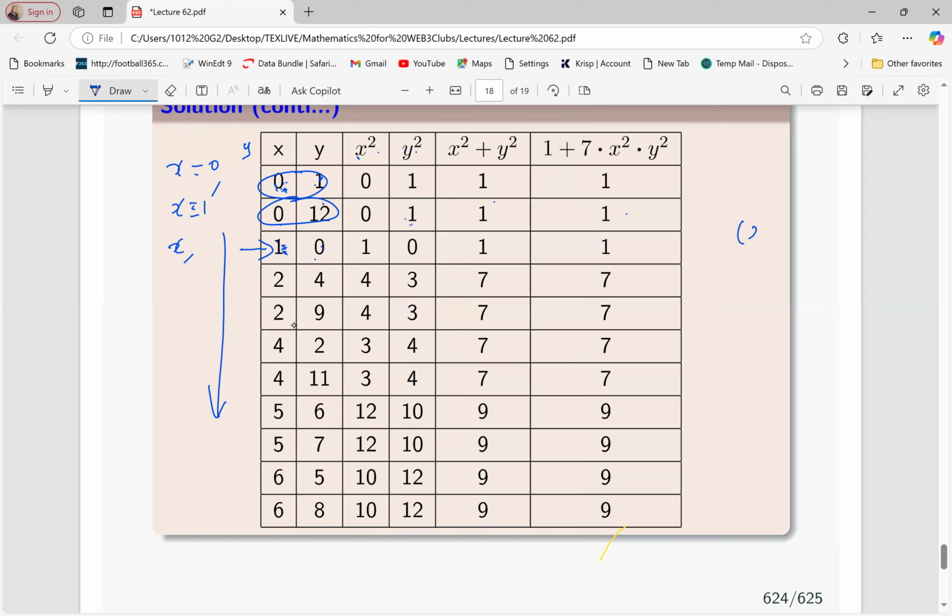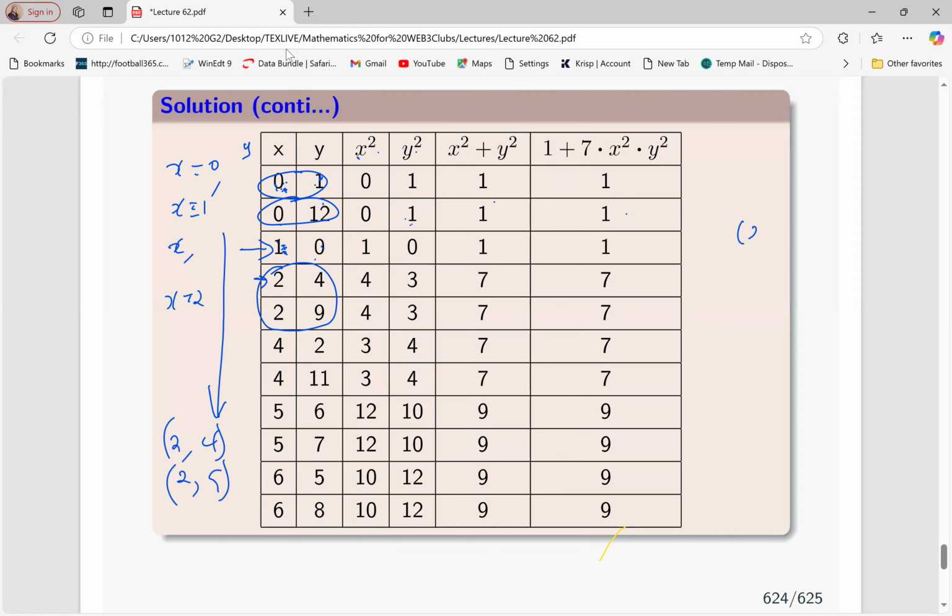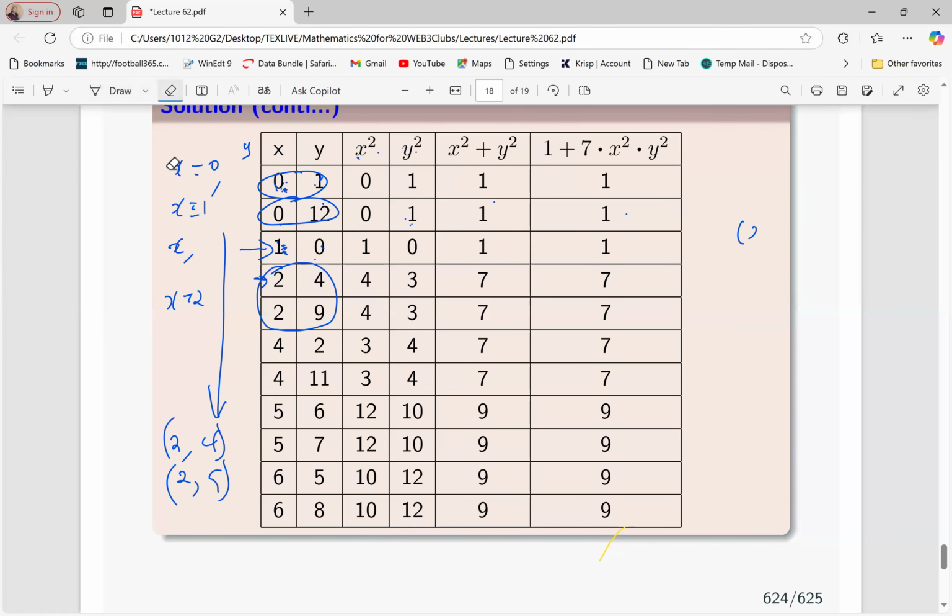Then it goes to x equals 2 and tries with all possible y's, 0, 1, 2, 3. I found that when x is 2, you have these two combinations. x can be 2 and y is 4. x can also be 2 and y is 9. The rest will not work. So that is how the program is supposed to work.